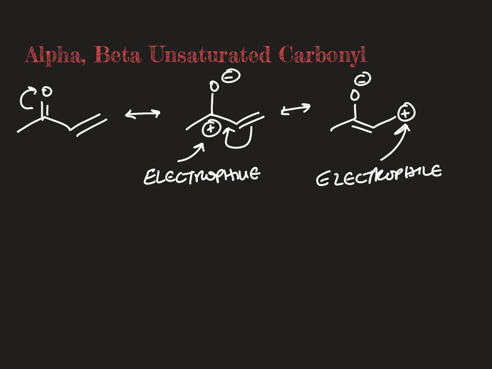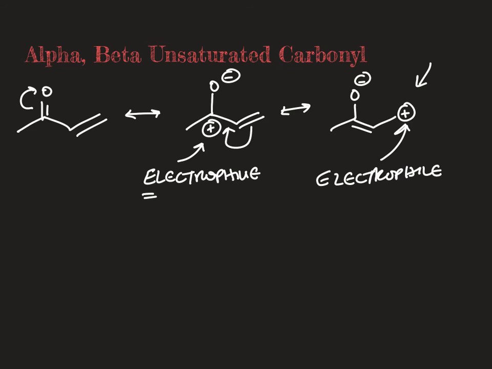And the question now is which one's going to be preferred. With the alpha-beta unsaturated carbonyl, that beta position, the one out here, is the preferred electrophilic site, because once the nucleophile adds there, we have resonance structures of the intermediate. Whereas if the nucleophile attacked at the carbonyl carbon location, we would not have those intermediate resonance structures.